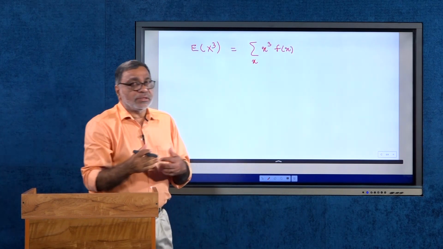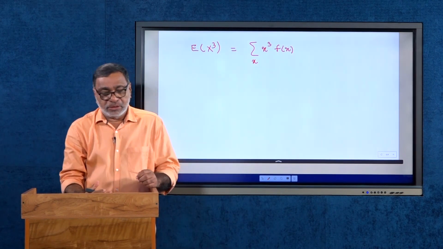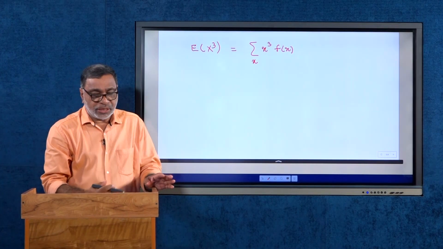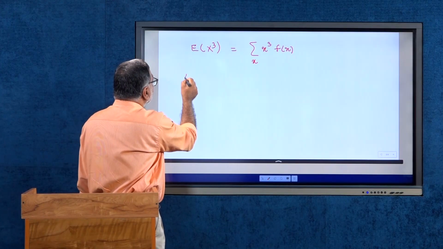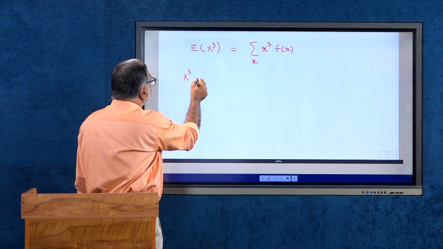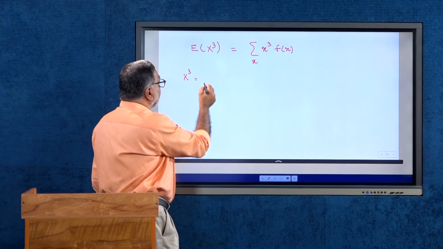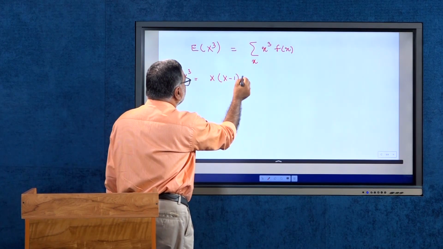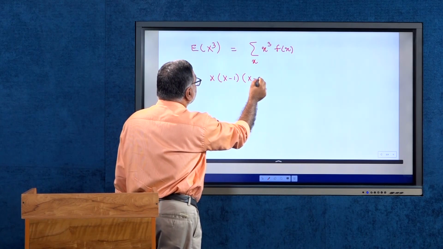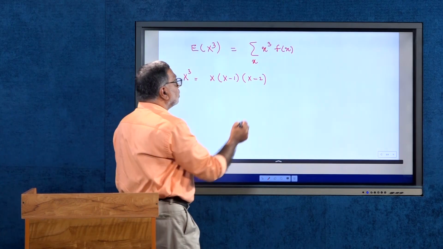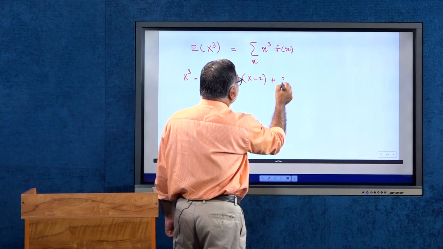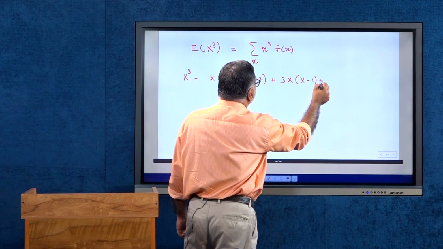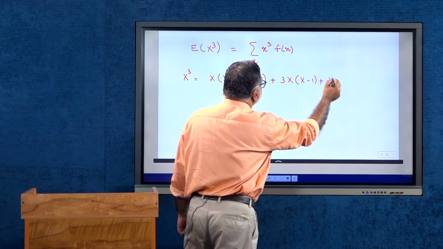To get the third arbitrary moment, here also we are representing this x cubed as x into x minus 1 into x minus 2 plus 3x into x minus 1 plus x.